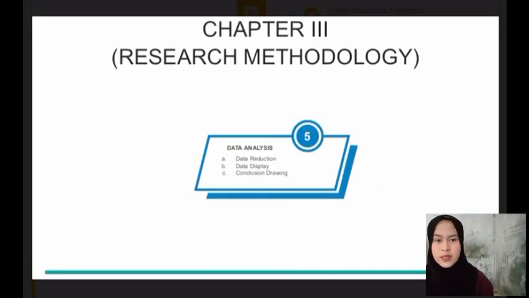So let's continue to the data analysis. There have been several phases in the analysis of the data. Miles and Huberman in 1994 revealed three current data analysis flows, namely data reduction, data display, and drawing a conclusion or verification. So the first is data reduction.